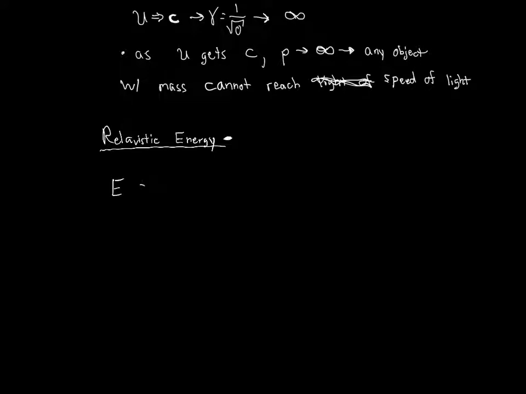Energy is now equal to gamma times mc squared. So this is the full-on correct version of Einstein's equation for energy. The more typical one that we see, probably Einstein's most famous equation, E equals mc squared, still is a relevant equation. It's just telling you rest energy.